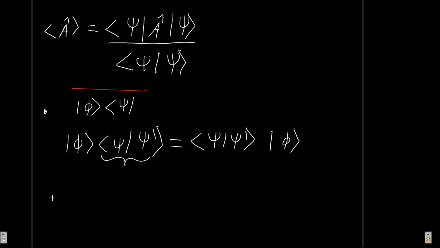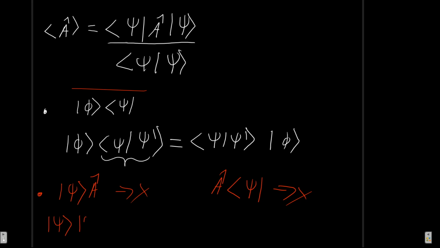And just as we saw in the last video, there are a few things that don't make sense. For example, we can't have some ket and have the operator on the right side. That doesn't make sense. And similarly, we can't have the operator on the left side of a bra. That doesn't make sense either. And that's similar to how in the previous video I told us that some things don't make sense, for example, to have two kets together, or to have two bras together.